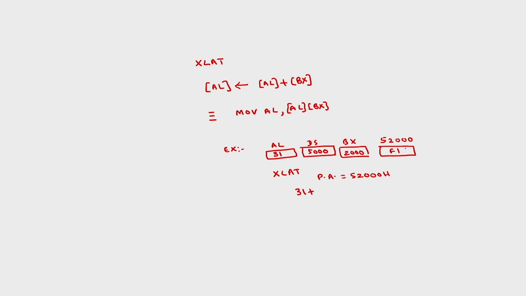The contents of 52000 is F1. This contents of BX means this is the address, and within that address some data will be there. So what will be this? F plus 3, F plus 1 is 10, 11, 12. So 12F.